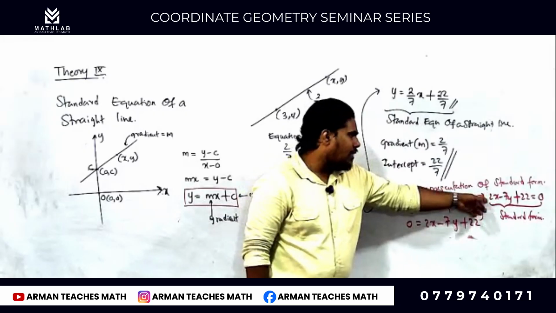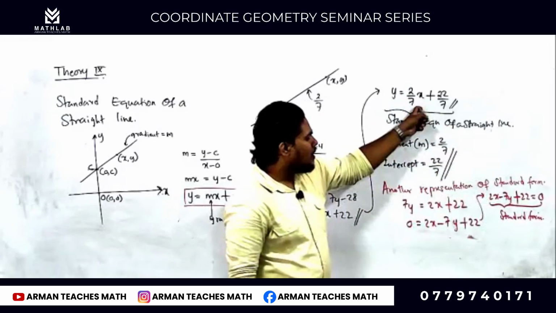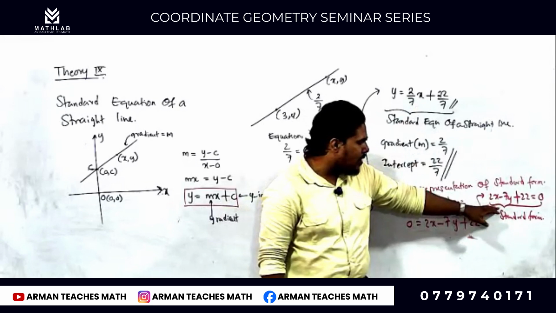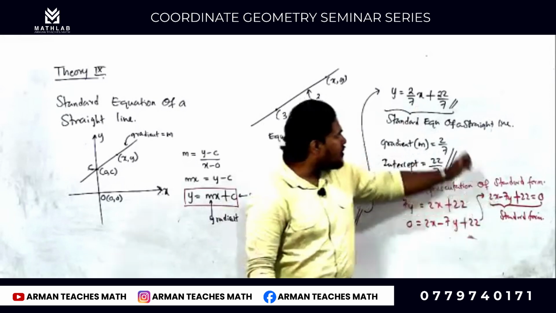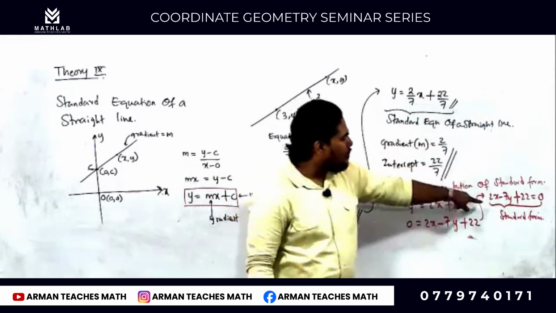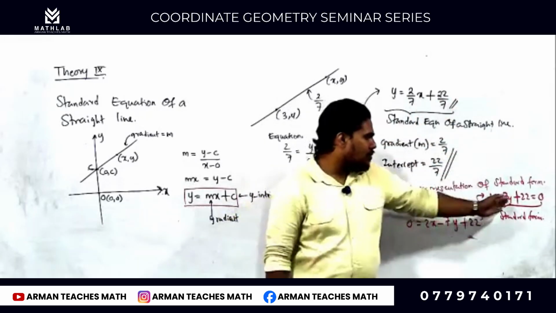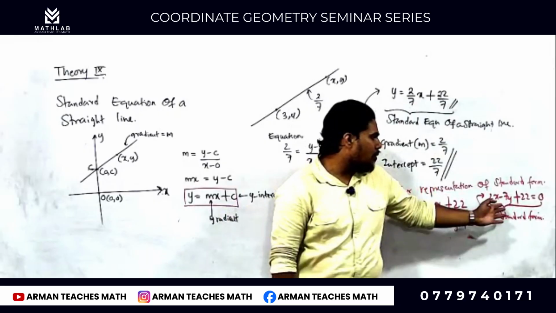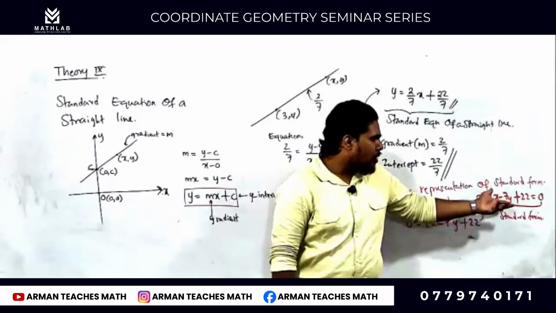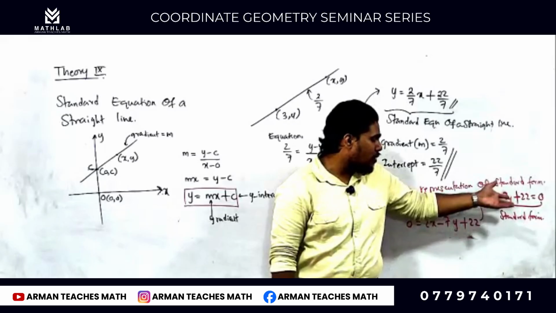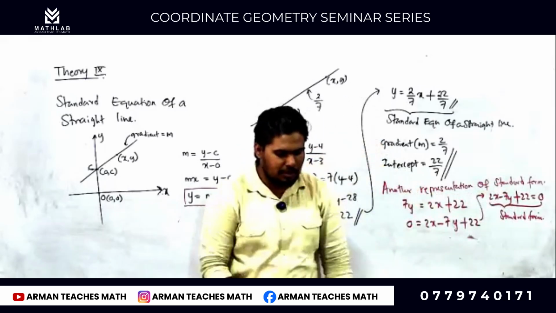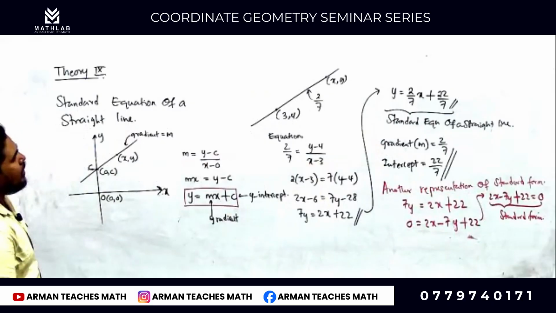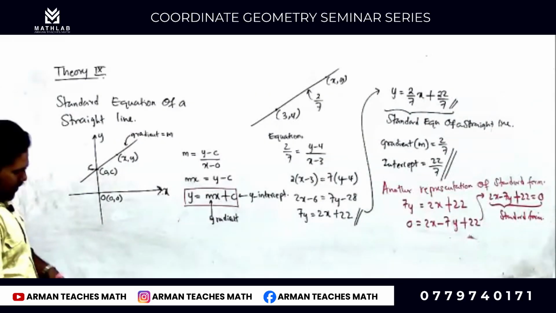Convert it back to the other standard form. It's easy, no? Just make 7y the subject and then divide both sides by 7. So you get y equals 2/7 x plus 22/7. So the coefficient of the x term gives you the gradient, and the constant gives you the intercept. So that's how we have to get them.